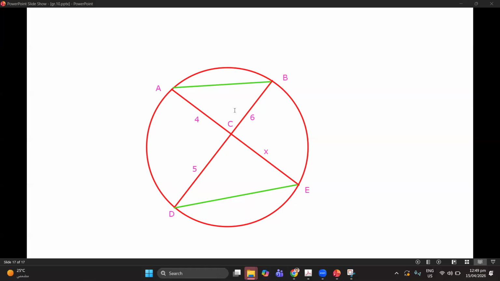Angle C and angle C are congruent because they're vertical angles. Excellent. So I need to prove it by similarity. You know that the 3 theorems are AA, SAS, or SSS. As you said, one of them is angle C, and both are equal because of the vertical angles. Now, what is the second angle?